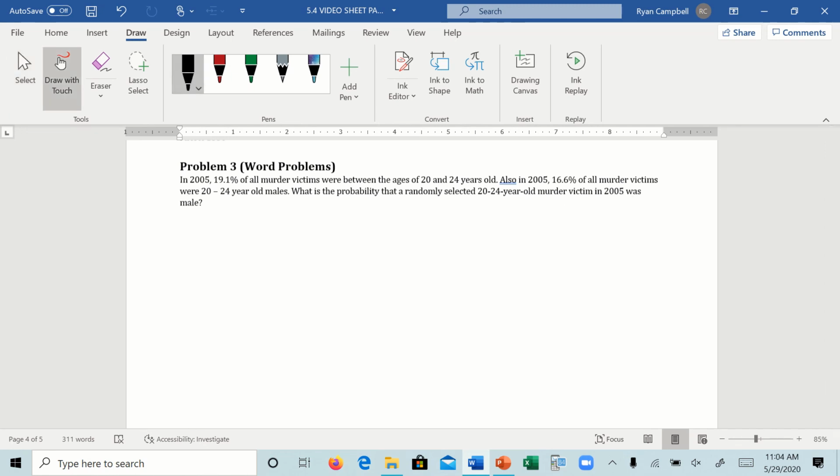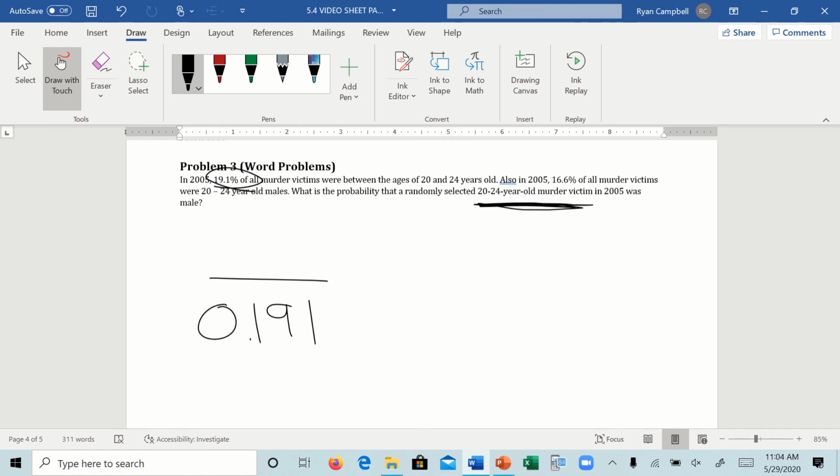All right. So again, are we looking at randomly selecting it from anybody? No, we're just looking at the ones from 20 to 24 who were murdered. So of all the murder victims between those ages, we see that the probability was 19.1%. So the bottom number is 0.191.